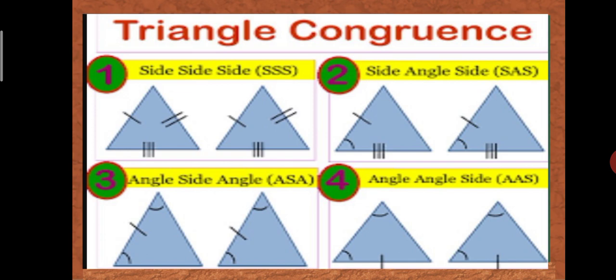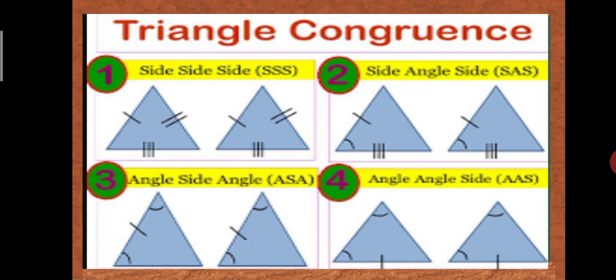Side, side, side. So what is the meaning here? If two triangles are given, and the three sides of one are equal to the three corresponding sides of the other, that means when you compare these two triangles, each side is congruent with the corresponding side of the other triangle.